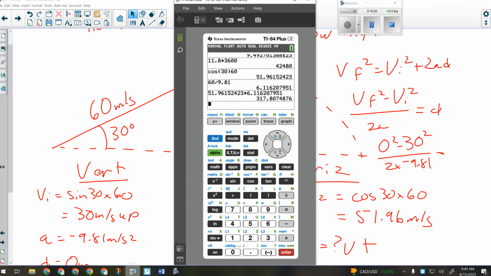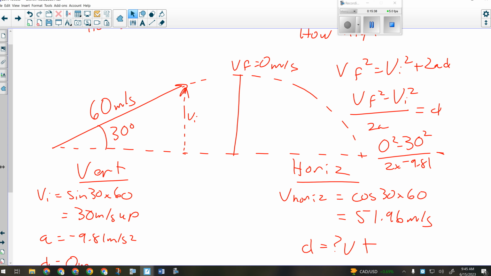So we're going to have 30 squared divided by 19.62. It's going to reach a maximum height of 46 meters. The other way to do that is to use D equals VI times T plus 1/2 AT squared, remembering to divide your time by 2 and just plugging in the numbers. That will also work.